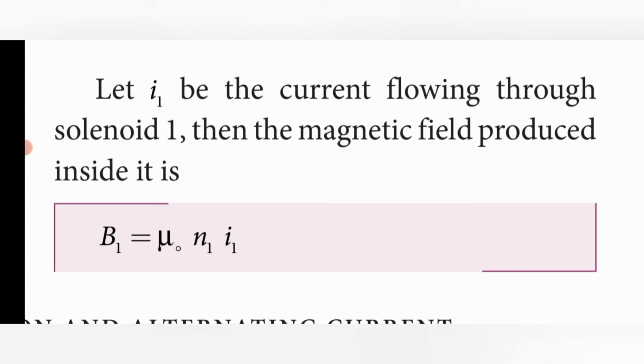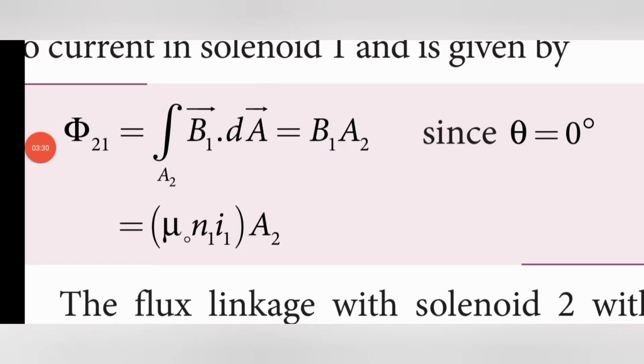Next we have to find the magnetic flux. The field lines of B1 pass through the area bounded by solenoid 2, because solenoid 2 is placed inside solenoid 1.